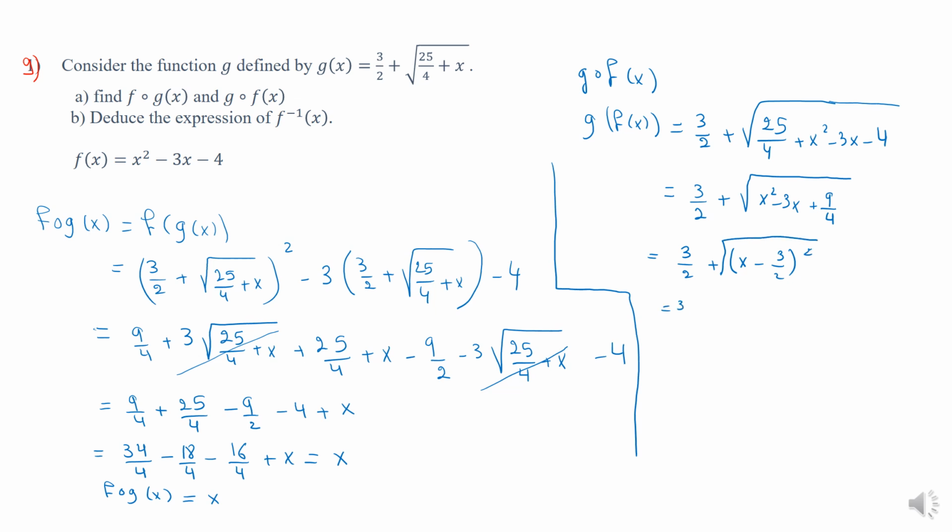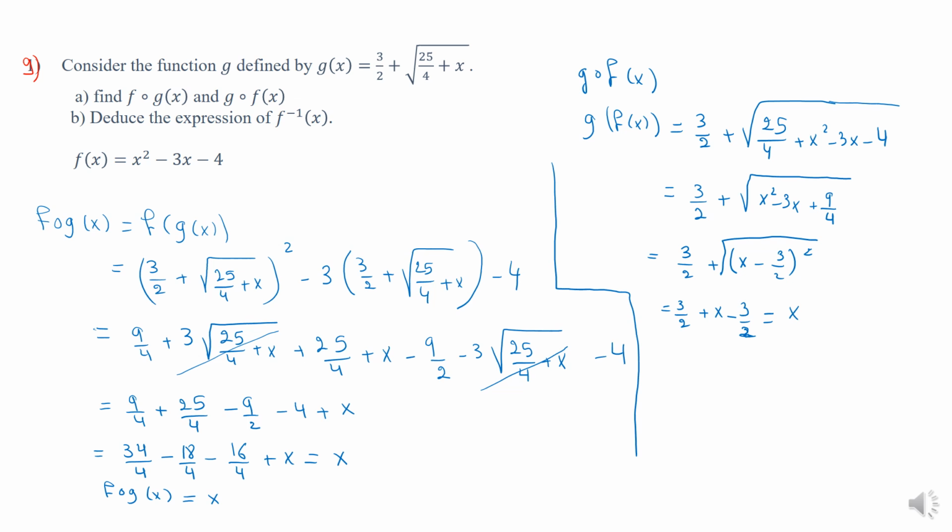So it is 3 over 2 plus x minus 3 over 2, which is equal to x. Why? Because x minus 3 over 2 is over 3 over 2 plus infinity, so this is positive. So it gets out of the radical as x minus 3 over 2.